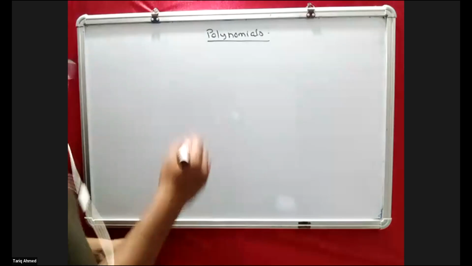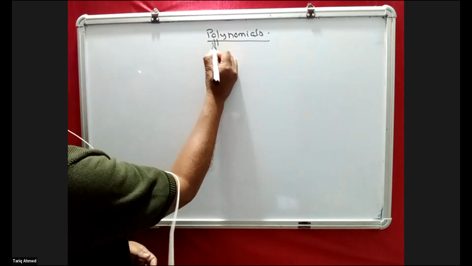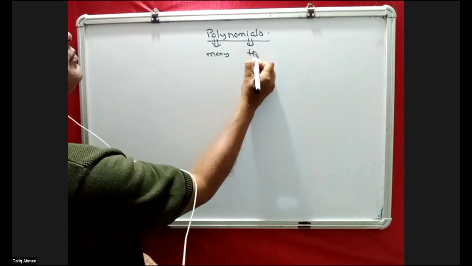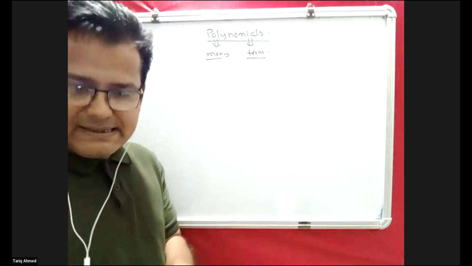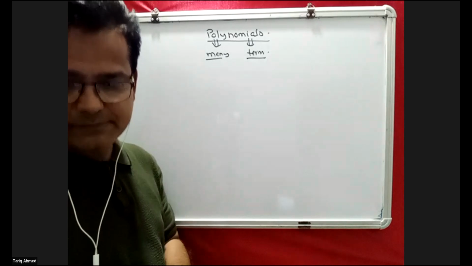See, polynomial is a Greek word; poly means many, and nomial means term. An expression containing many terms is known as a polynomial.